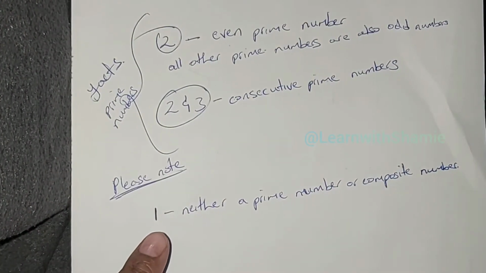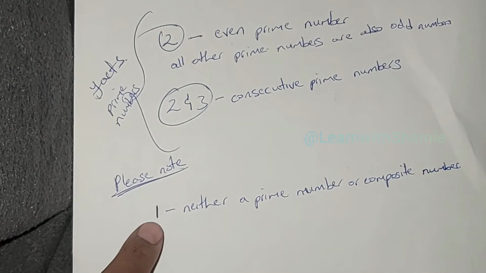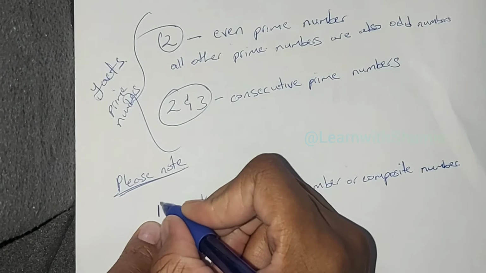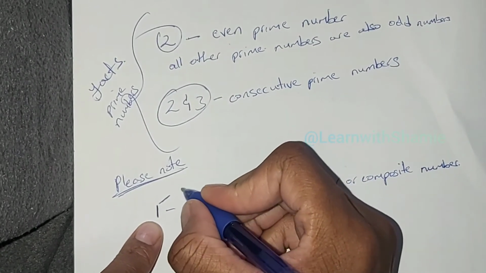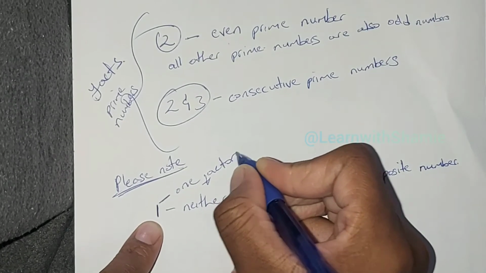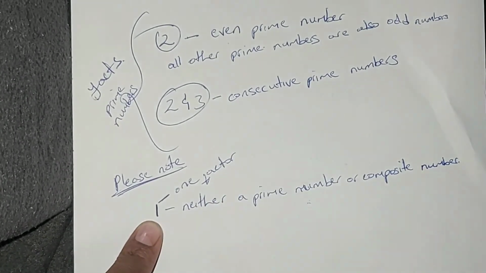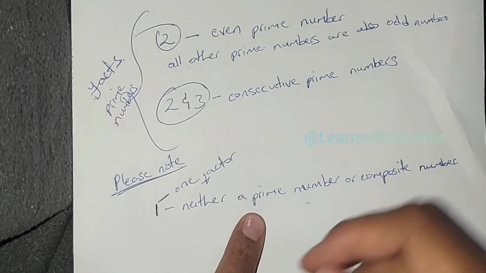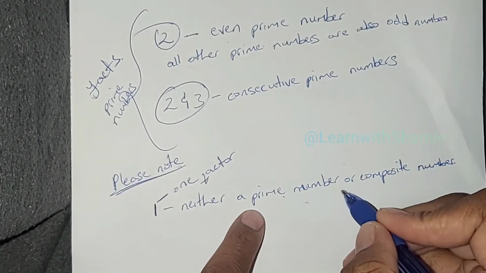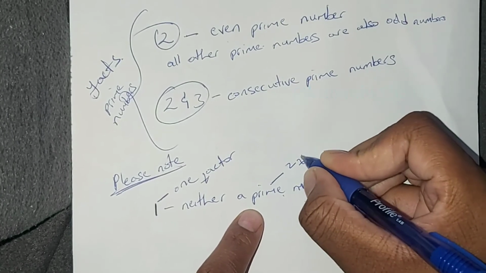The reason why 1 is not a prime number is that 1 has only one factor, and that's 1 itself. And bear in mind that prime numbers has 2 factors.